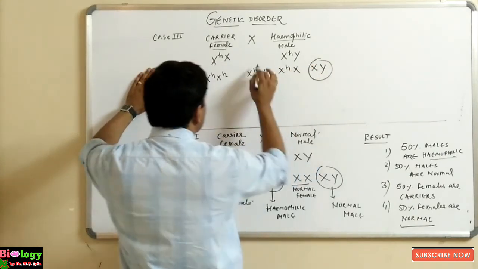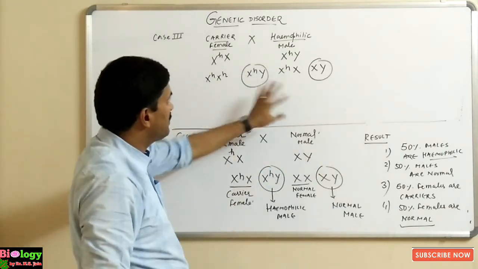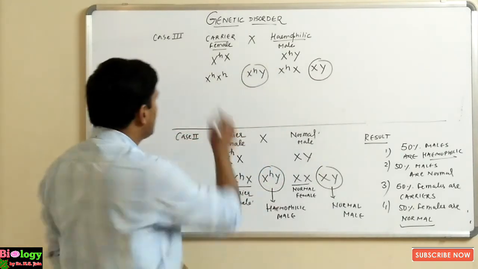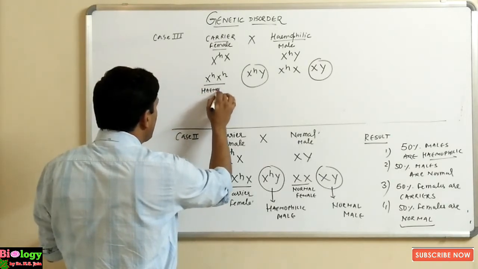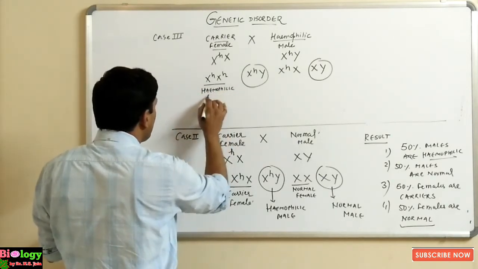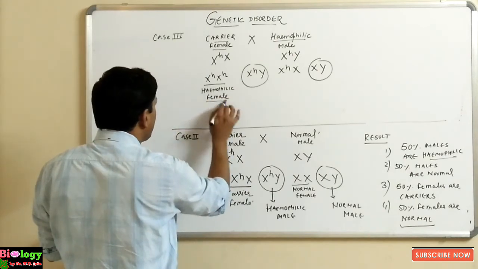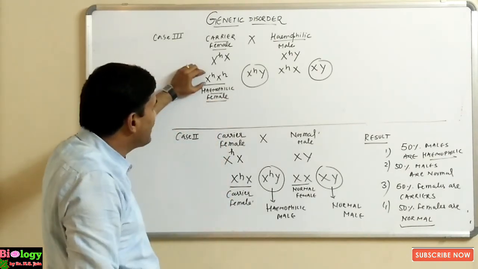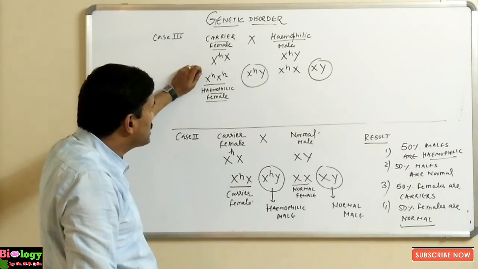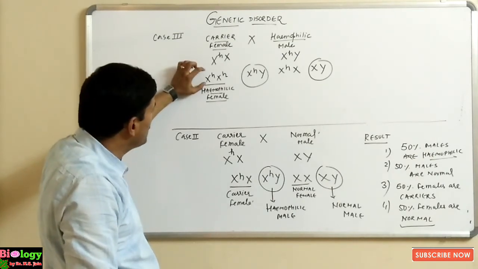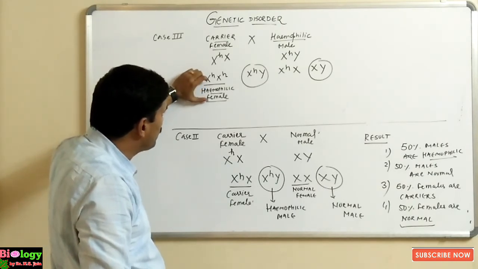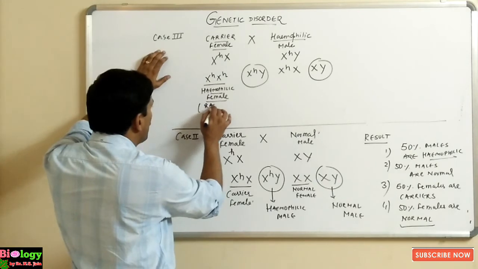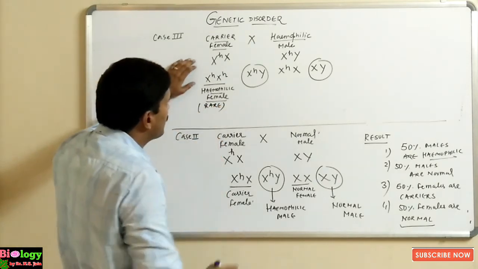I am encircling the males so you can view the males separately and the females separately. Now see here, such a female will be a hemophilic female. Why? A hemophilic female is a female who has the hemophilic gene on both the X chromosomes. Now you can watch here that the female has the hemophilic gene on both the chromosomes. So she will be hemophilic, and such a female is a little bit rare.